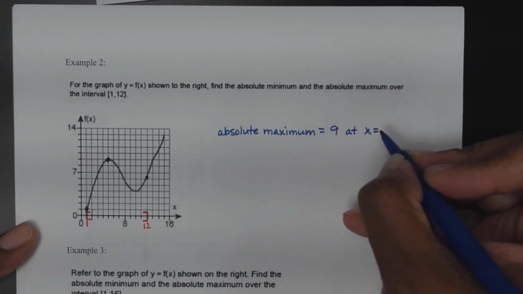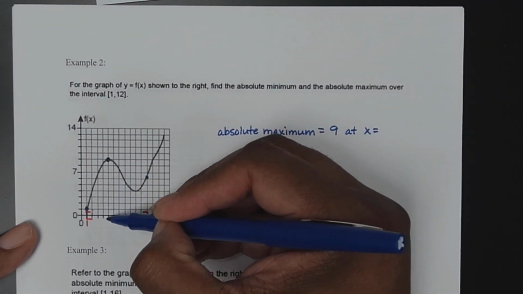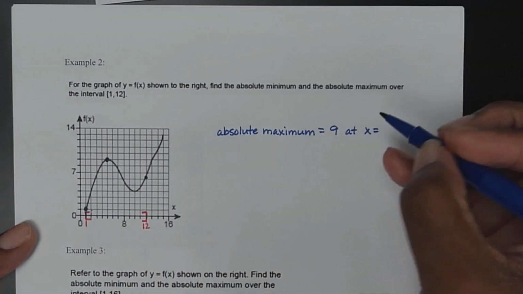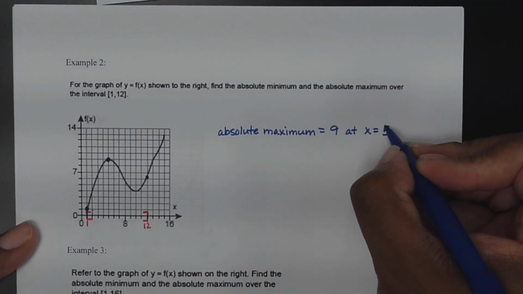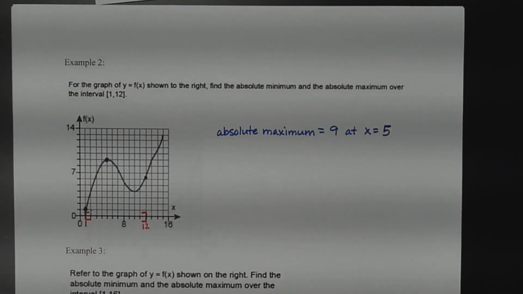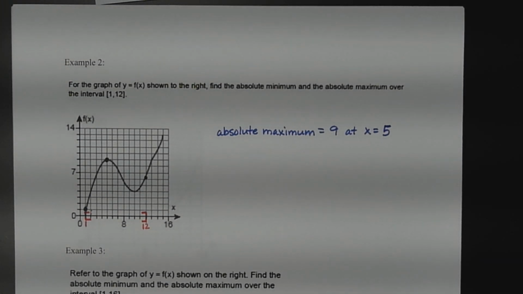And it occurs at what x value? In this case, if that's 1, this is going to be 2, 3, 4, 5. It occurs at x is equal to 5. So the absolute maximum is 9. It occurs at x is equal to 5.